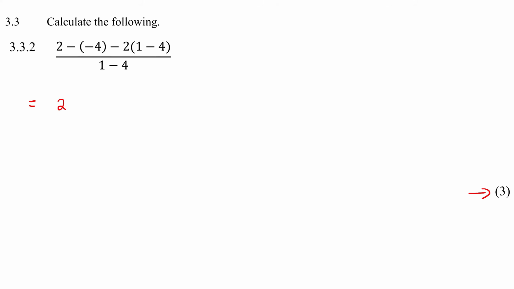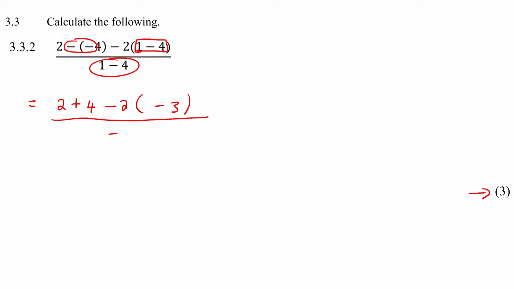If you don't have a calculator, remember that a minus and a minus is a plus, okay? And then here, what is 1 minus 4? You could type that on the calculator. If you don't have one, just remember that, or just try to get -3. And then here we have 1 minus 4 again, -3. Okay, now, do not minus these two numbers because BODMAS.